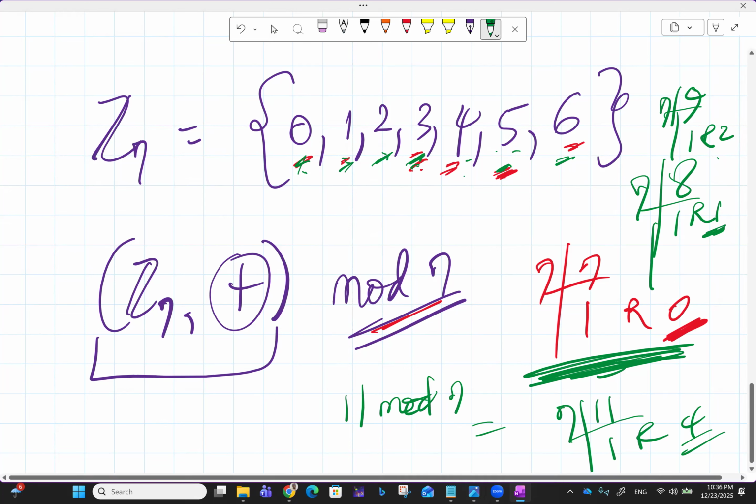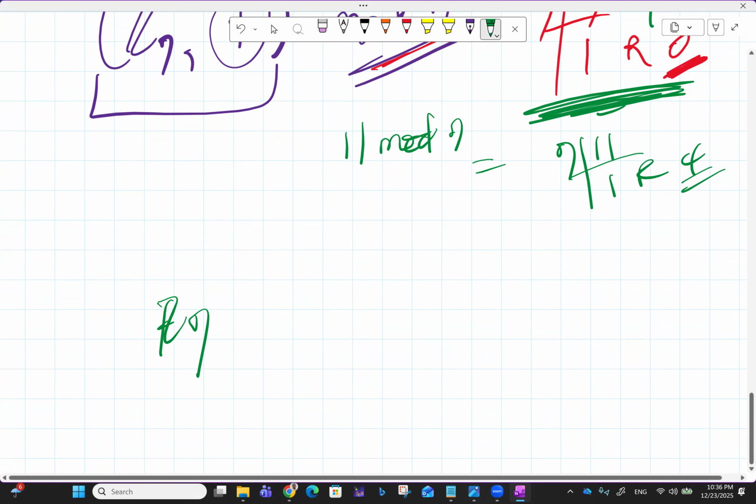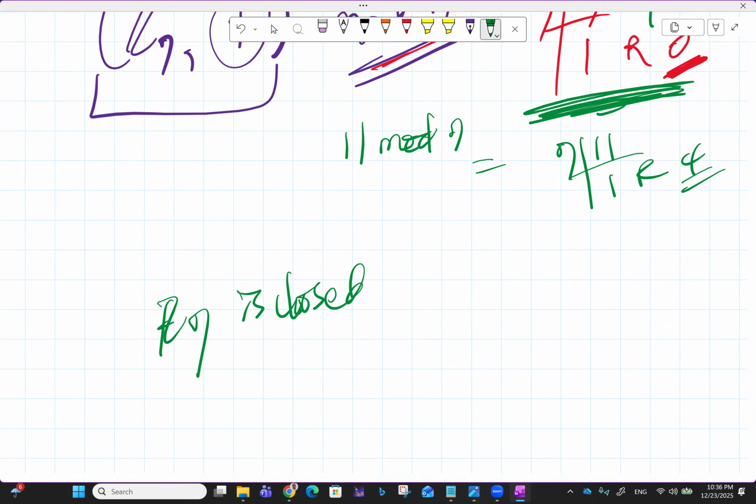So you can see that, first of all, Z7 is closed like that. So Z7 is closed, first of all. And then what else is there? It is associative. So we've established closure based on what we have done now.